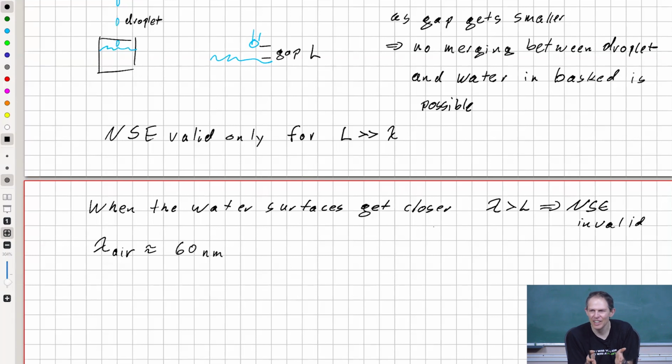And then 6 microns is not so small anymore, actually. If you have very, very thin hair, then this could already be in that range. Almost.